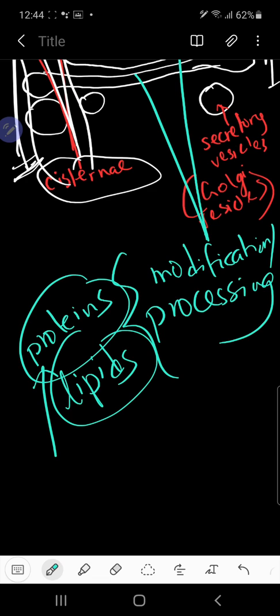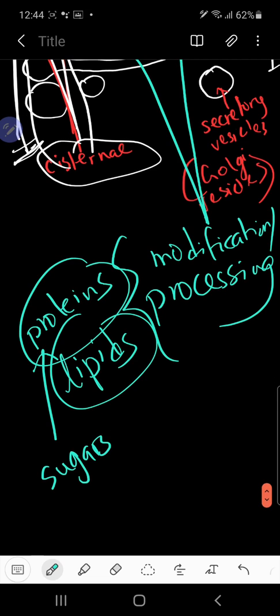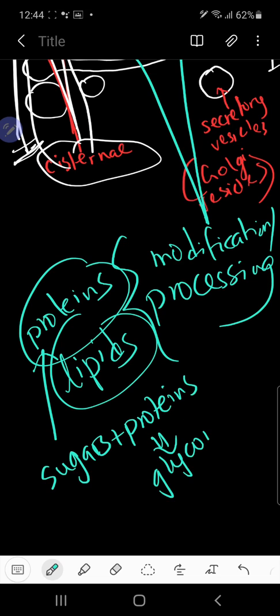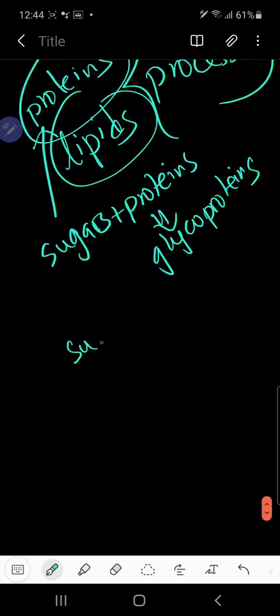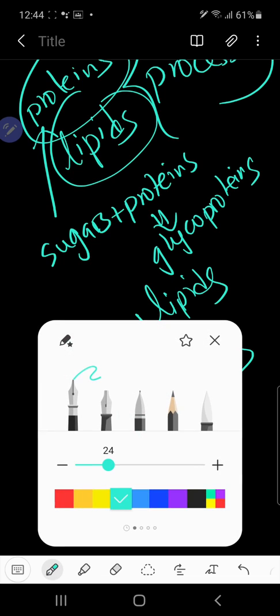For example, sugars can be added in the Golgi apparatus. Sugars can be added to proteins to form glycoproteins, and sugar can also be added to lipids in the Golgi apparatus to form glycolipids.